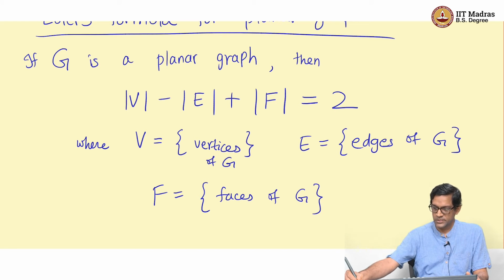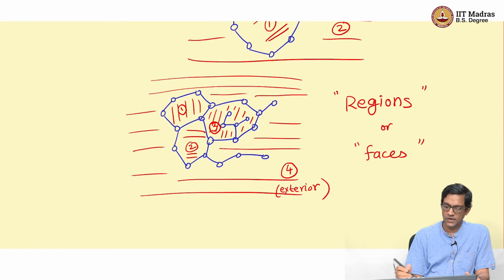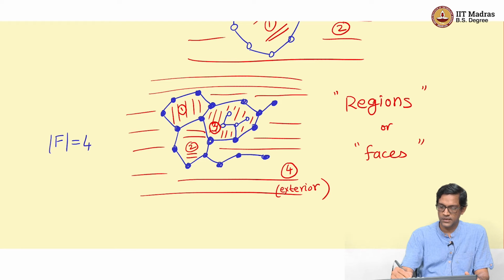Okay, so let's see this by example in the earlier instances. If you look at this graph here, it's got 4 faces. So first let's write down faces, that's easy to count. And let's look at the number of vertices. So I have 1, 2, 3, 4, 5, and 6 in this cycle. Then there's 7, 8, 9, 10, 11, 12, 13, 14, 15, 16, 17, 18, then 19, 20, 21, 22.